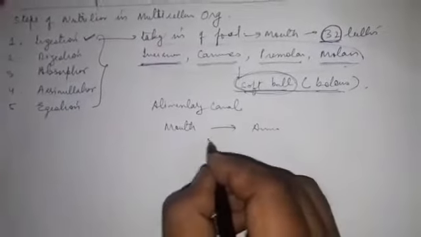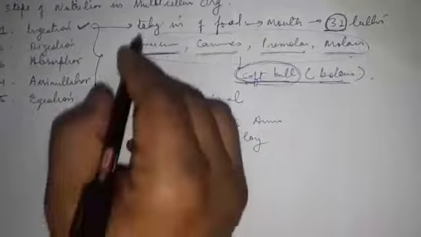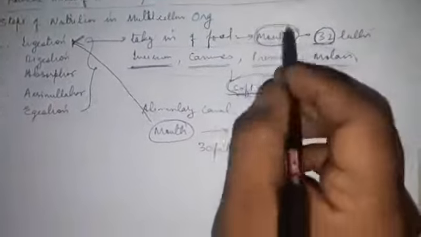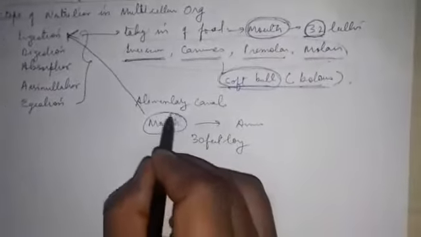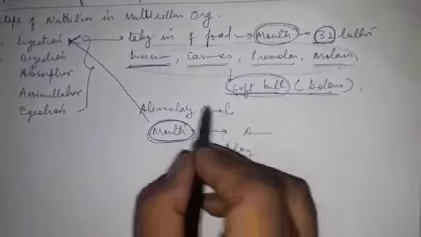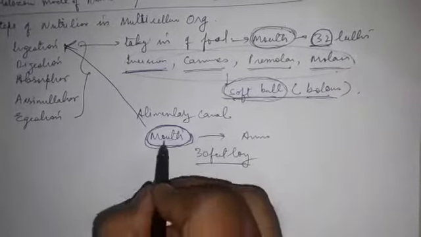It is around 30 feet long. So we are talking about the first step, ingestion, which is accomplished by the mouth only. Okay, so we are talking about the first part of the alimentary canal, that is the mouth.